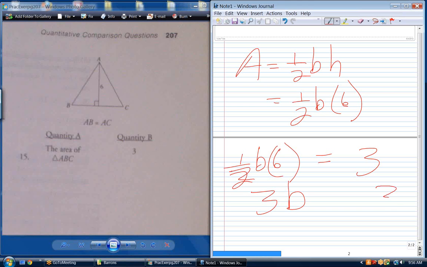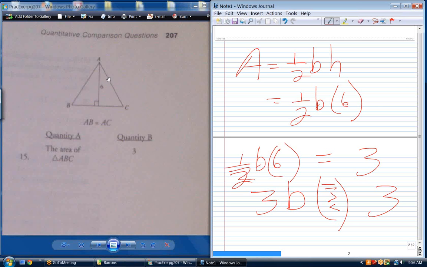I wonder if there's a mathematical symbol for compare to. I don't want to write it's either equal to, greater than, less than, or less than or equal to. So which of these possibilities is it? I'm going to say that 3b is greater than 3. What if b is less than 1? But it can't be, can it?